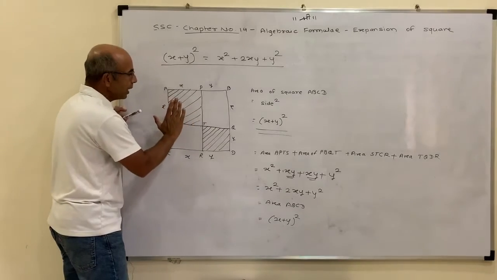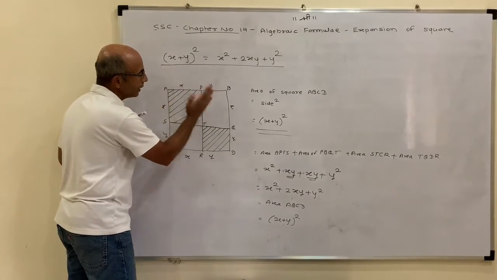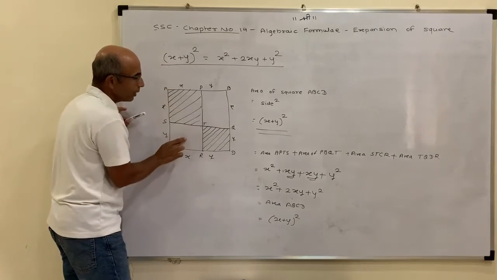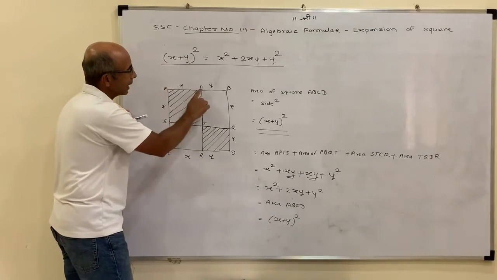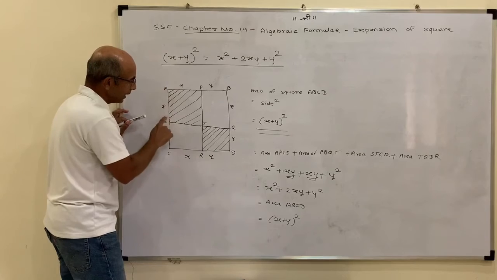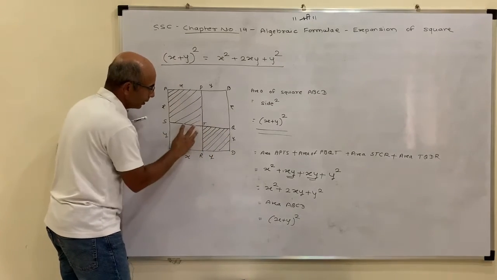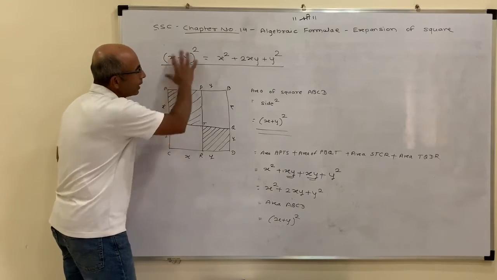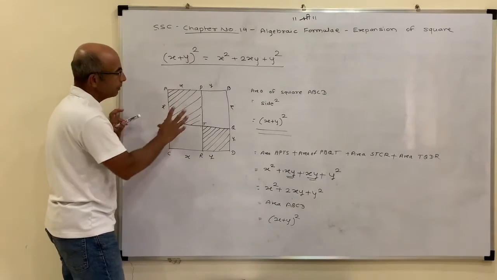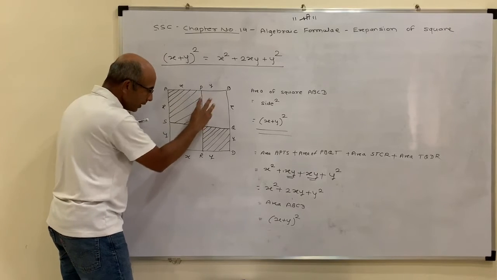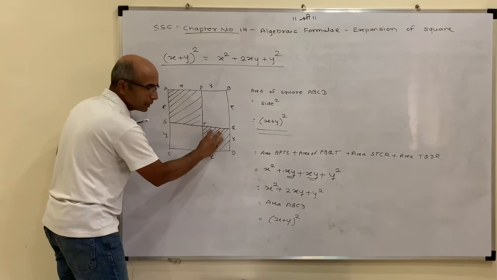Understood? Here you need to pay attention: this complete square has a side x plus y. Then what I have done is divided this into 4 parts, 2 squares and 2 rectangles. This side is x and this is x, so this is one square, this another square, one rectangle, another rectangle. So area of ABCD is nothing but the area of this part plus this part plus this part plus this part.